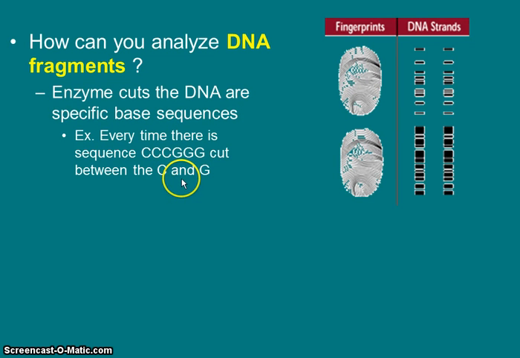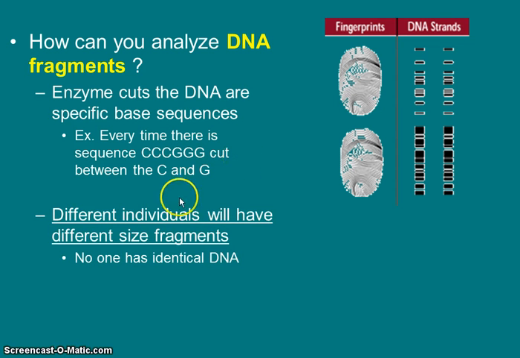Now maybe I have 100 of those sequences, but maybe you only have about 90, and they're all in slightly different locations within your genome than mine. So our chopped up DNA sizes are going to be a little different from each other. Those different sizes are going to show us the difference between you and me.